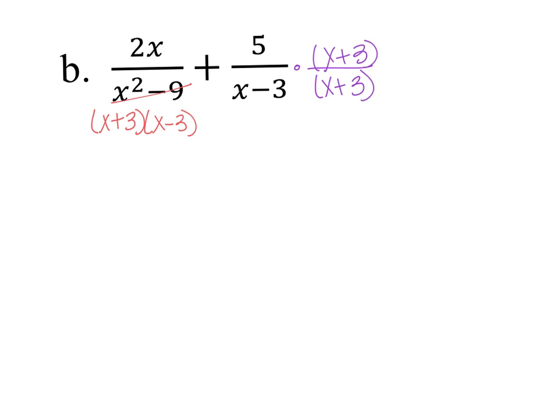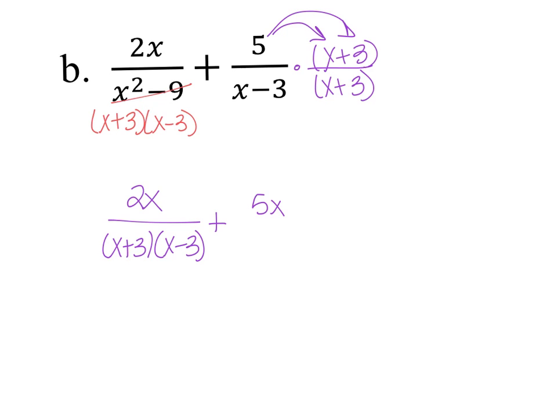And then what I'm going to do is simplify everything. So I have 2x over x plus 3 times x minus 3, plus, and I'm going to distribute. So I'm going to do 5 times x, which is 5x, and then 5 times 3, which is a positive 15, all over x plus 3 times x minus 3.